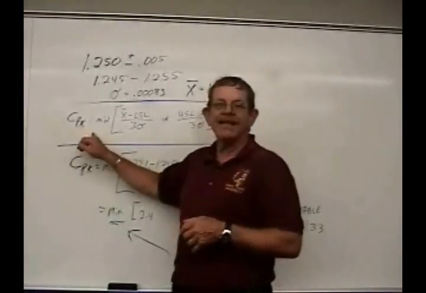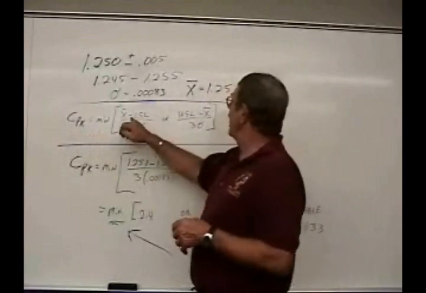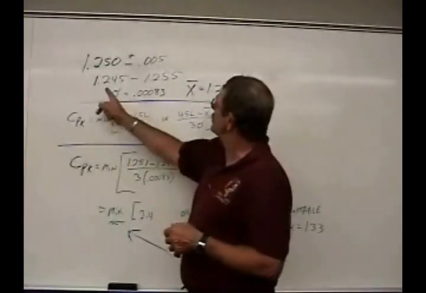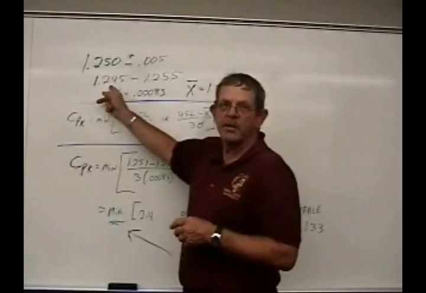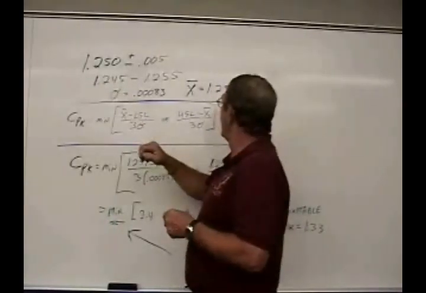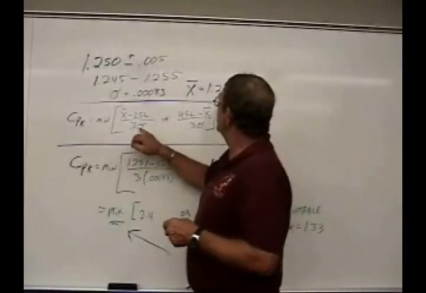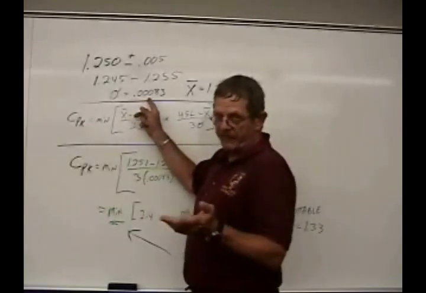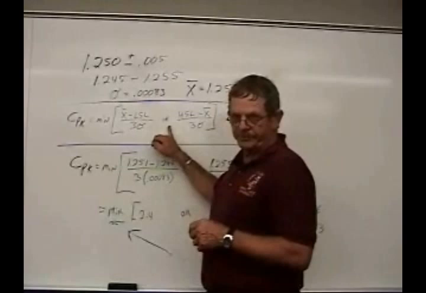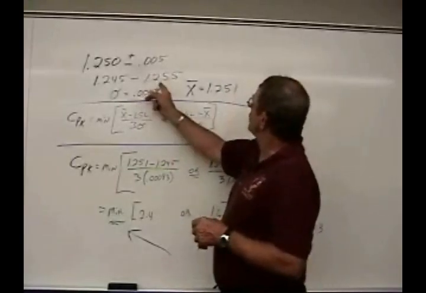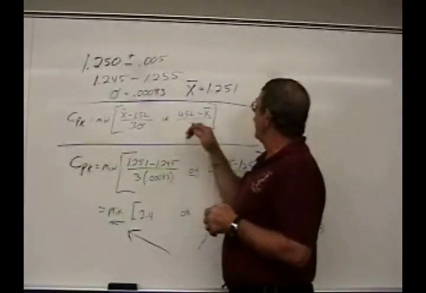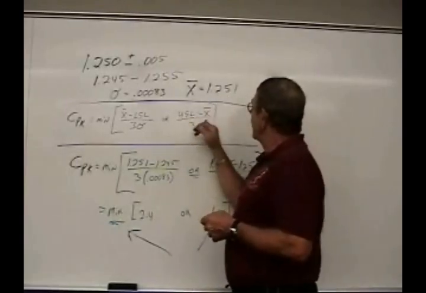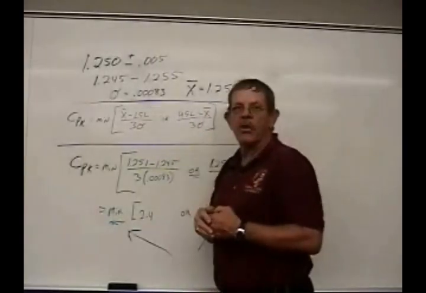CPK is the minimum of either X bar minus the lower spec limit, which in this case would be 1.245, divided by 3 times sigma, or 3 times the standard deviation number. Or the upper spec limit, which would be 1.255, minus the X bar, 1.251, divided by 3 times the sigma, or standard deviation again.